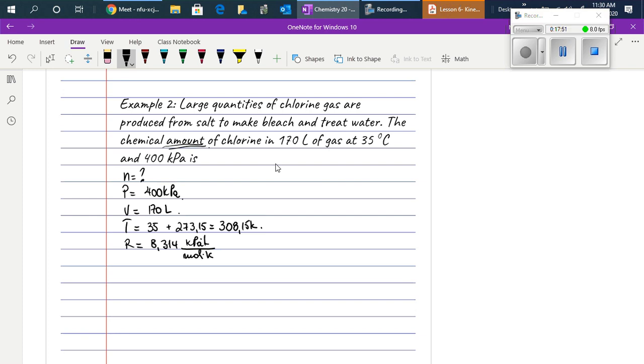What we are looking for is N, so we start with the ideal gas law. PV is equal to nRT. From here, N will be PV over RT.